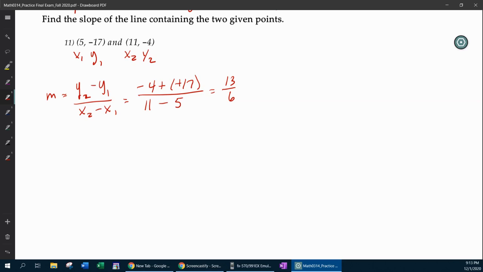And 13 over 6 will not reduce, and so we're going to leave it a fraction. That is our slope. And remember, slope is rise over run. And if I needed my rise and run, I've got that too. Leaving it as an improper fraction leaves it in rise over run form.